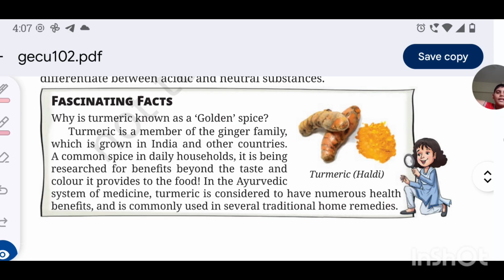In the Ayurvedic system of medicine, turmeric is used for numerous health benefits and is commonly used in several traditional remedies. We use turmeric every day.